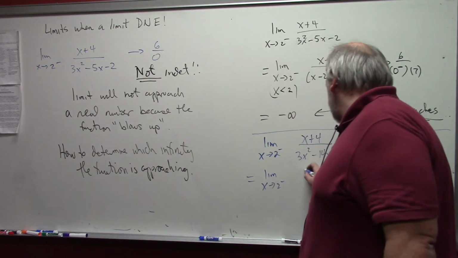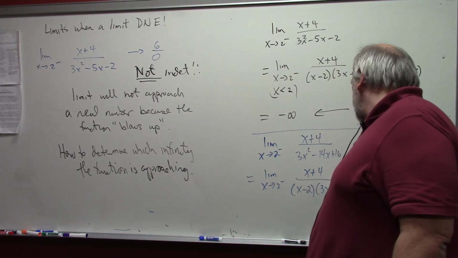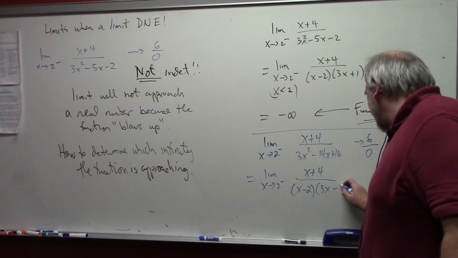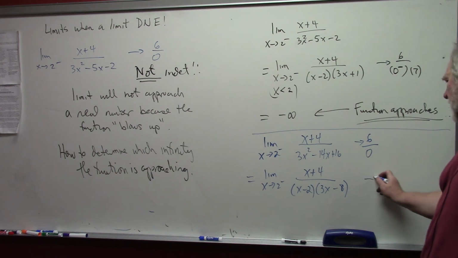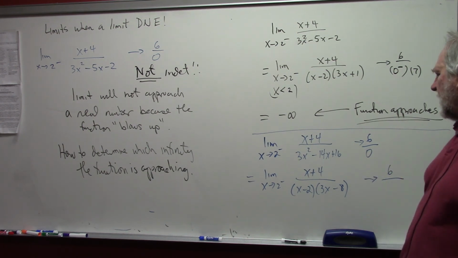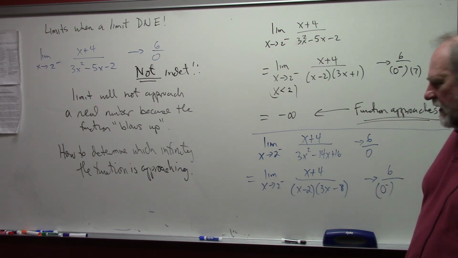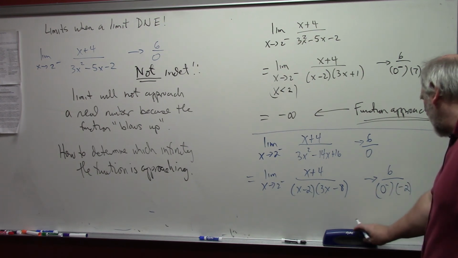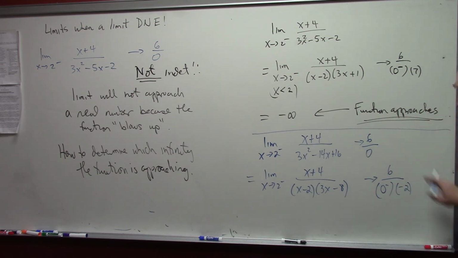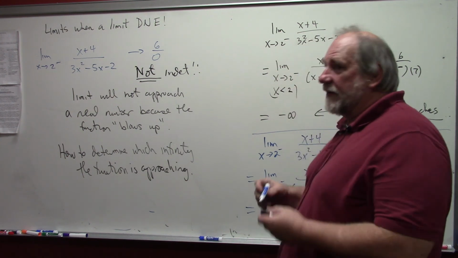Of course, factorization is going to be a little different. x minus 2, this time the other factor is going to be 3x minus 8. And if you check it, it will give us what we want. My numerator is still approaching 6. The first factor is still approaching 0 from the negative side. The second factor this time, however, is approaching negative 2, which means the overall fraction here is positive. And so in this case, the limit is positive infinity.